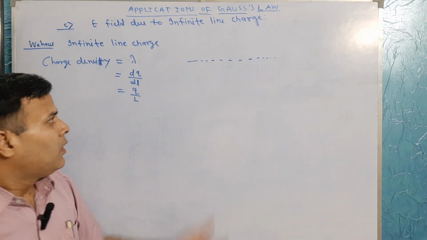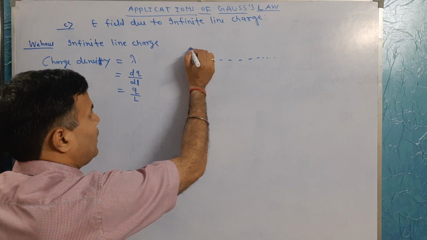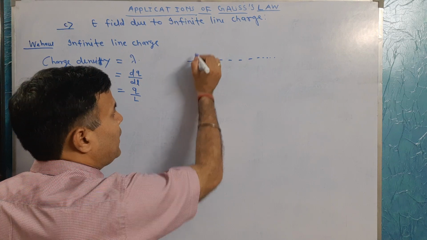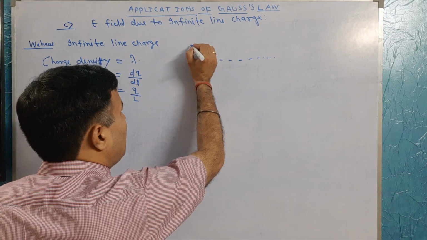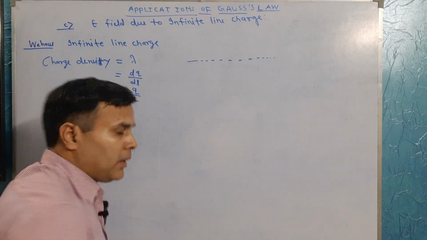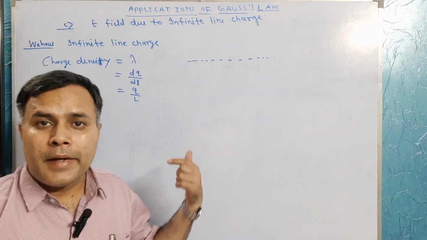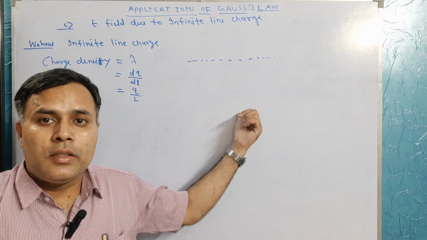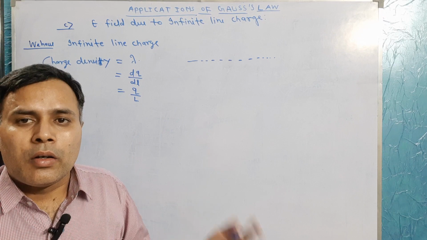So let us draw a cylinder. In order to find the electric field, draw a Gaussian surface. What is our first step in Gauss law? Identify or recognize the geometry and draw the corresponding Gaussian surface.